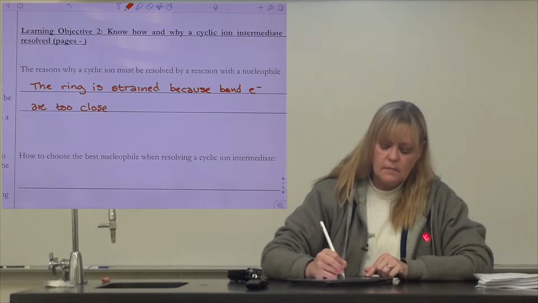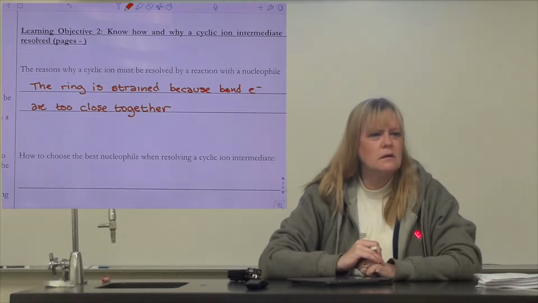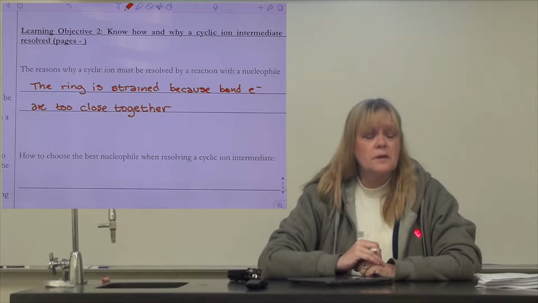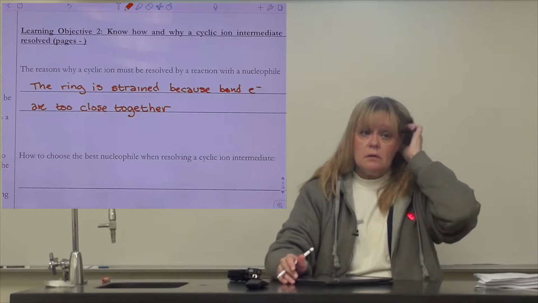Is there any natural compound that is in a 3 or 4 membered ring that is stable? No, not really. Not that I can think of off the top of my head anyway.